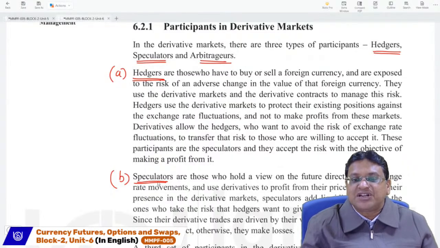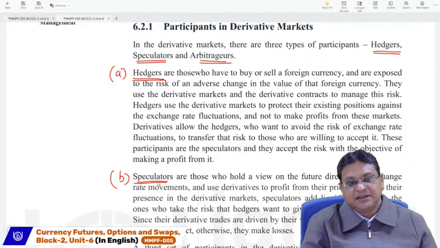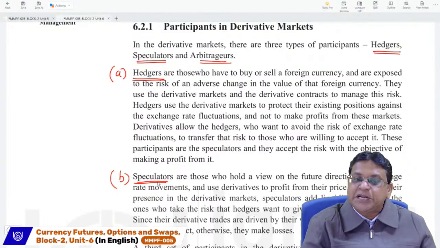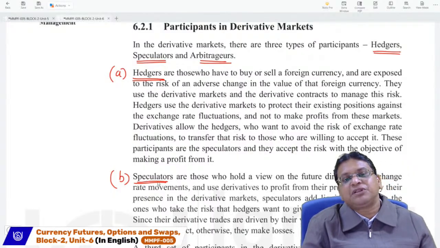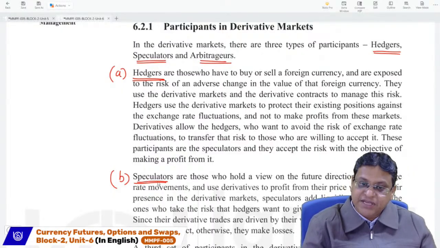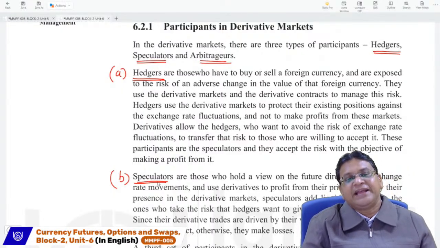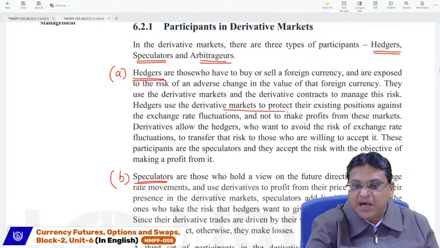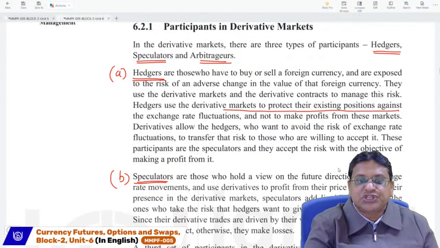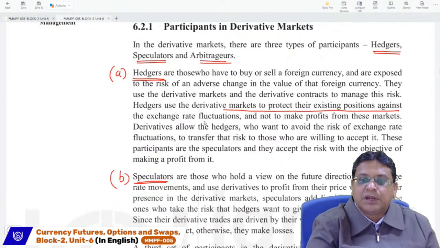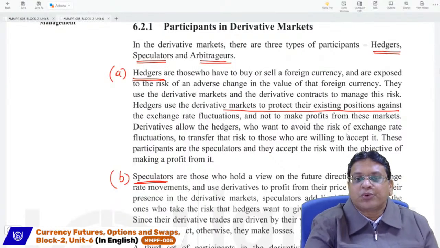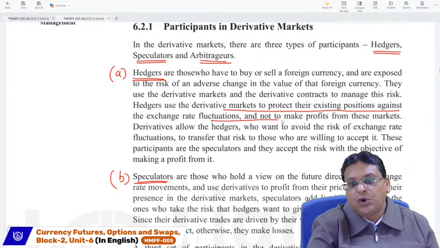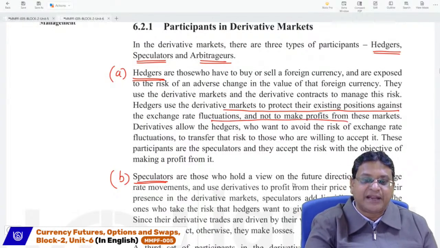Hedgers always want to transfer the risk, and with the help of derivative instruments, they transfer their risk to another hedger or to a speculator. So hedgers enter their positions to protect their positions and not to make profit from this market.